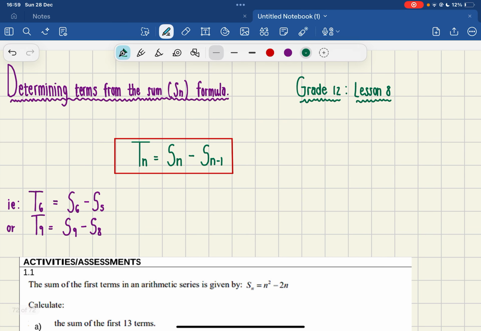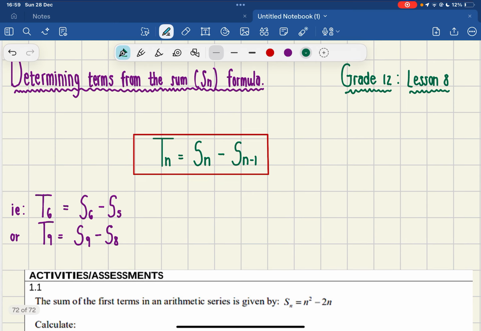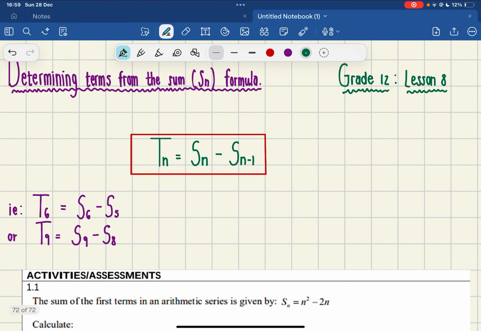In this lesson we'll be determining the terms from our sum formula. In order to determine a term, we'll use the formula Tn is equal to Sn minus Sn minus 1. What do I mean by Tn?